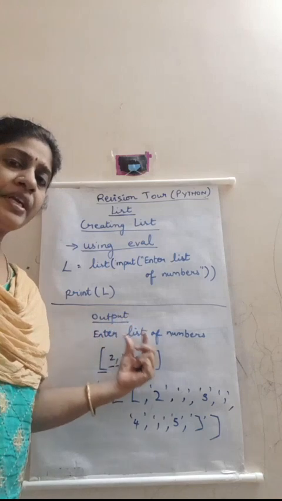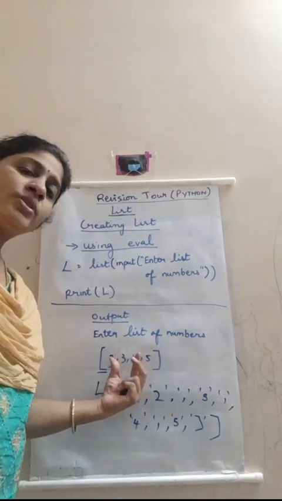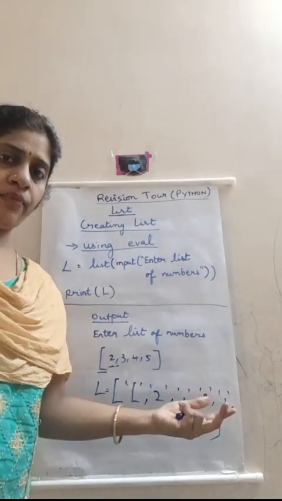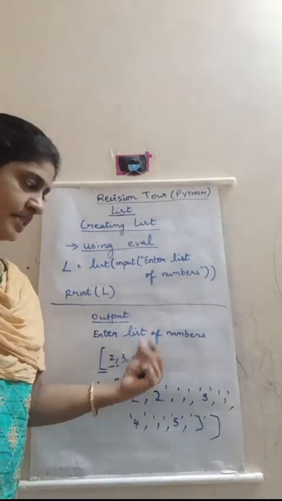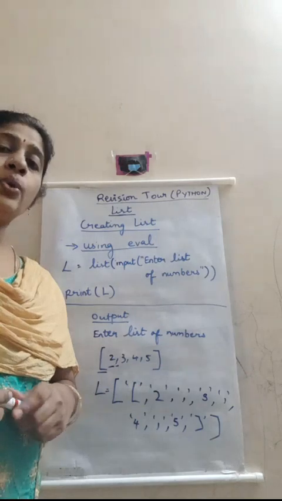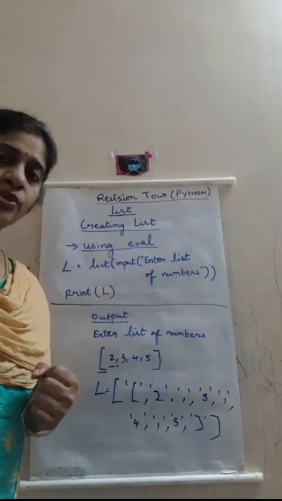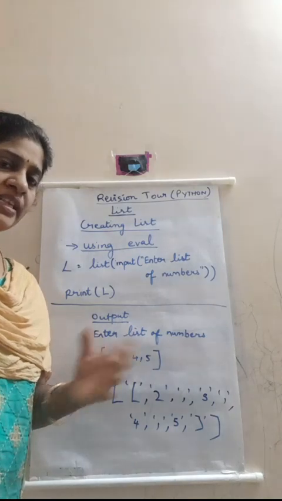We know that input takes a string. So whatever string the user has entered, if I want to convert it directly into a list, you have to use the evaluate function. That we will see now.